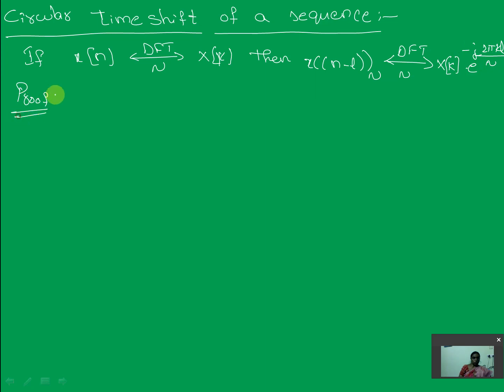To prove this, again take the DFT of x of n, which is summation x of n e power minus j 2 pi by N k n, n = 0 to N minus 1.